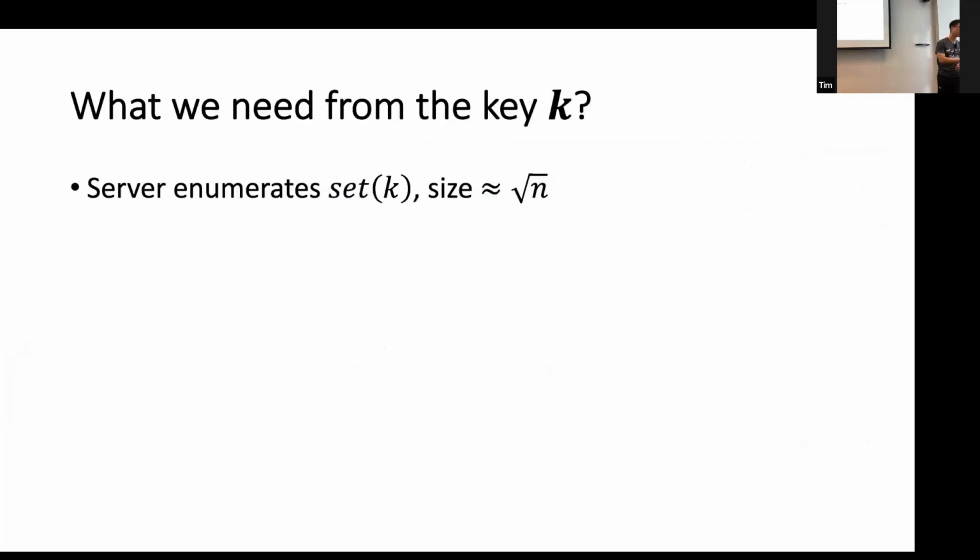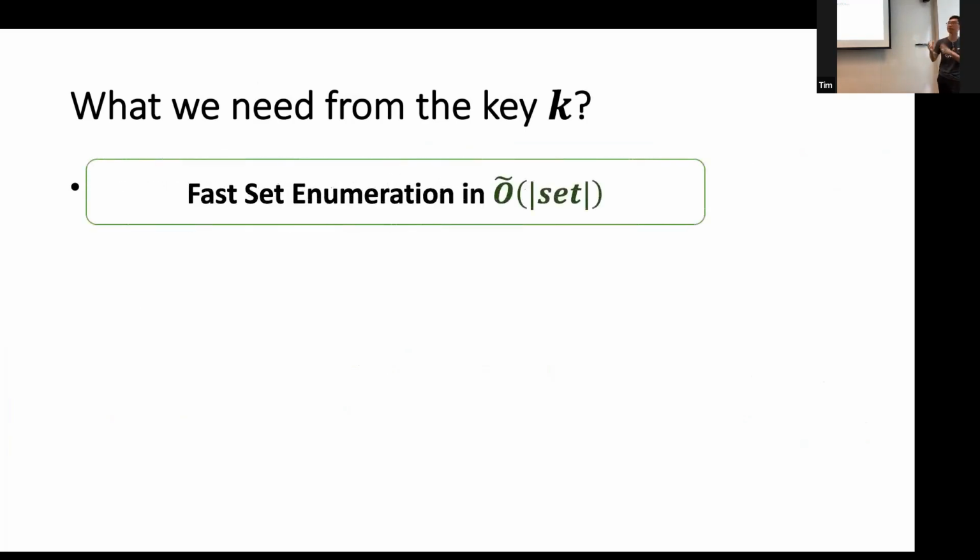And now everything comes down to how we design our representation of a set, right? So the representation is the key idea. So what do we need from the key K? First thing is the server needs to be able to enumerate a set, right? Our set will have roughly size square root n, and we want a fast set enumeration algorithm on those keys.